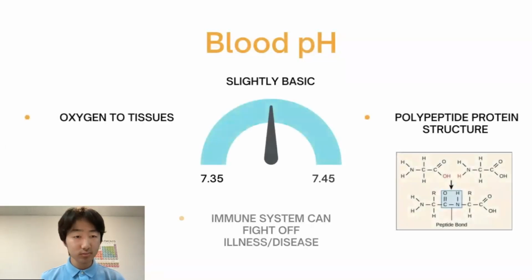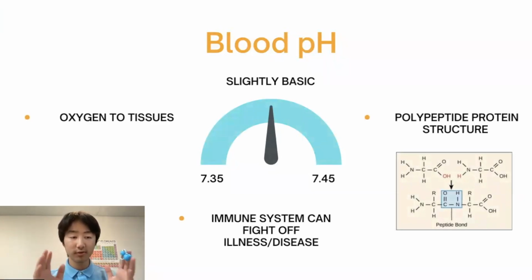And also blood pH, right? In order for us humans to survive, we need an equilibrium in the blood pH, which is slightly basic, from 7.35 to 7.45 pH. Right now, these are just numbers to you, but I will explain in the next few slides what they mean. Why is blood pH important, you may be asking?